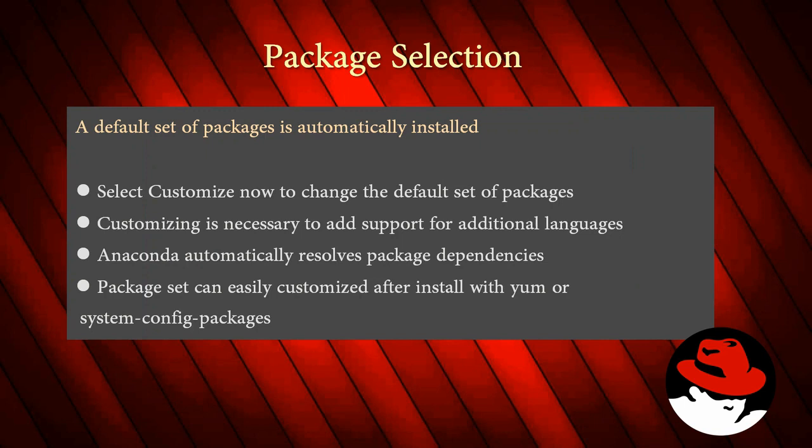Anaconda automatically resolves package dependencies. You have to provide them. The package set can be easily customized after install with yum or system config packages. The yum is a command line utility which allows you to install, upgrade, manage, delete any packages or any repositories or softwares.